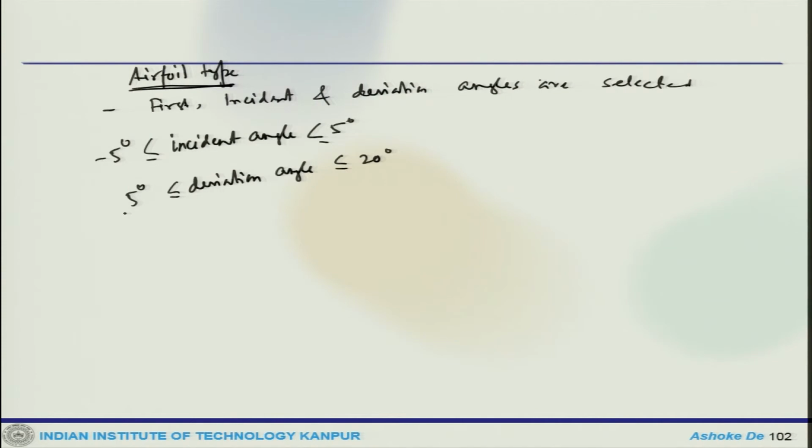So, that much deviation. Then the mean line shape and thickness are selected to achieve the desired aerofoil loading. So, the pressure increase is achieved by the diffusion process, then the amount of diffusion is monitored.